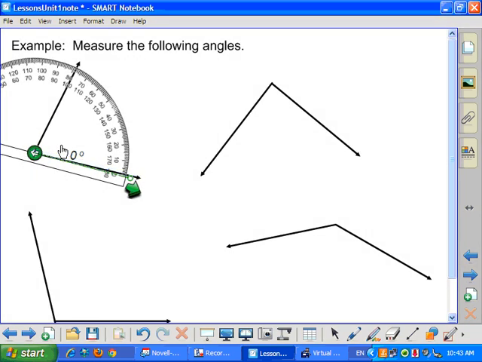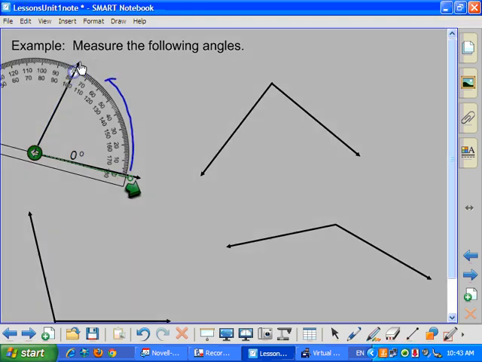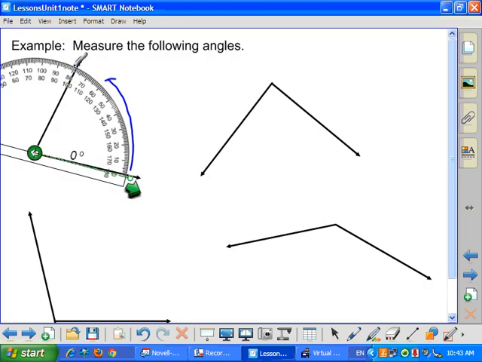So now I can read the actual angle. I'm starting at 0 and measuring along the outside here. I know it's 80 at that notch there, but I'm not quite there. To me this angle looks like it's about equal to 78 degrees. So I measured and I read it right there.